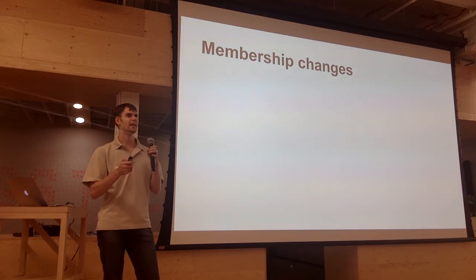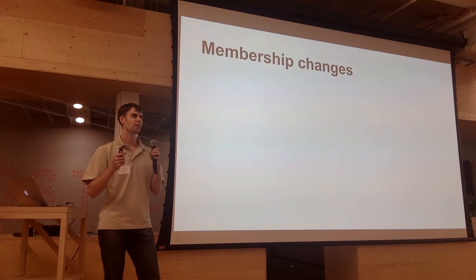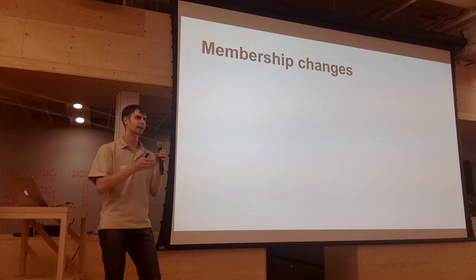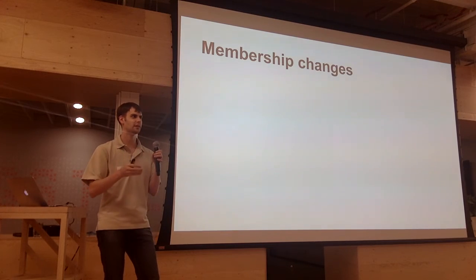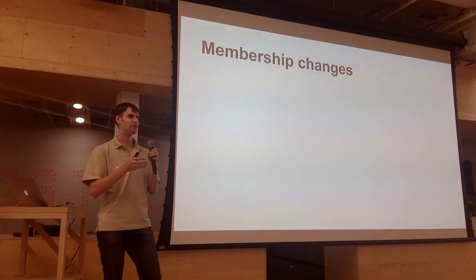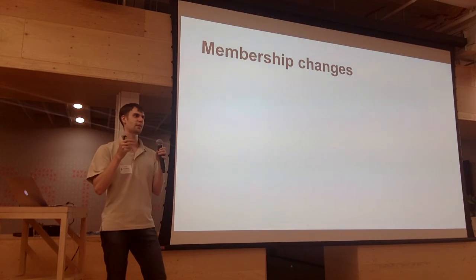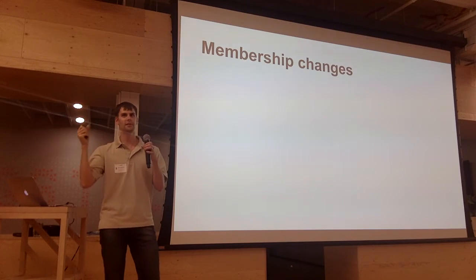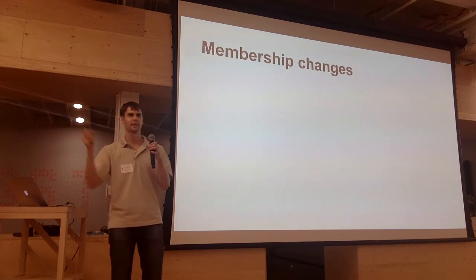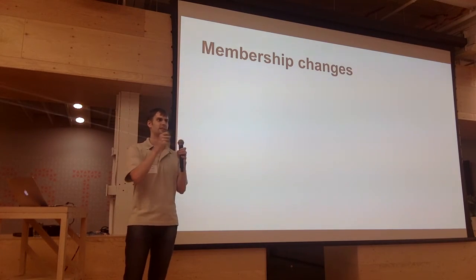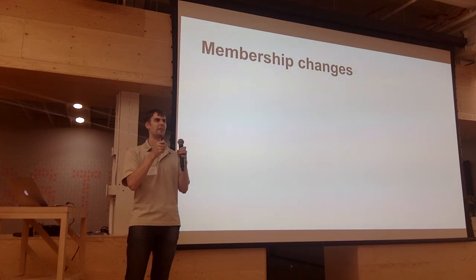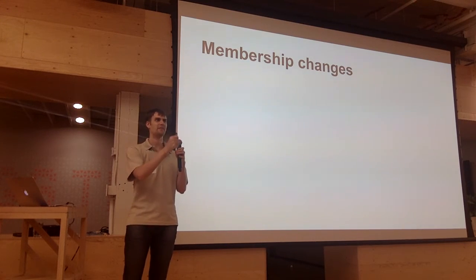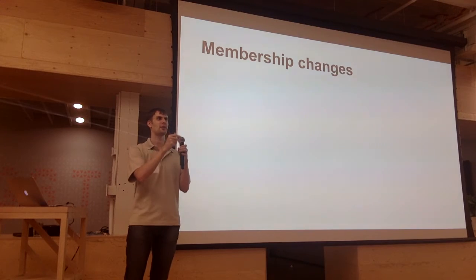The reason why they thought they had to do that, at least, was because if you allow nodes to directly go from the old to the new configuration, then one of the failure cases you could have, for example, is if you have a cluster with 3 nodes and you want to change it to 5, you could have 2 of the nodes off on their own. One of them is the leader, the other one is the follower, and then you have this other follower on the side. If you say that there are now 5 members, that follower off on the side now has 2 new followers.